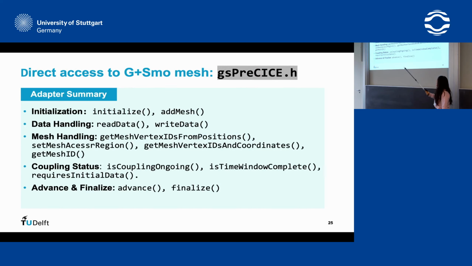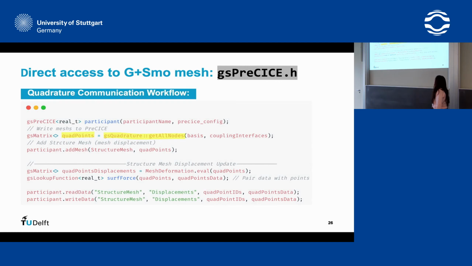We have initialization, data handling, mesh handling, coupling steps, and finalize steps. So the implementation step is similar to the tutorial. And how can you choose your option of exchanging quadrature points and node vector and control points?